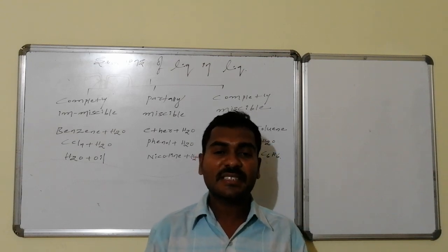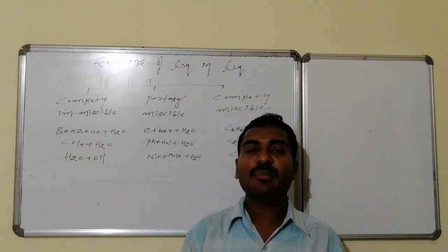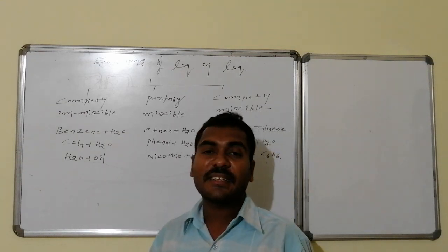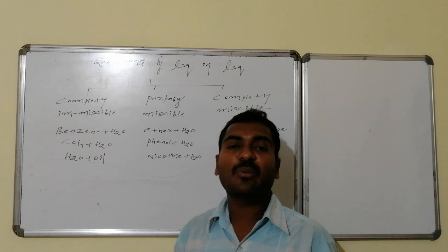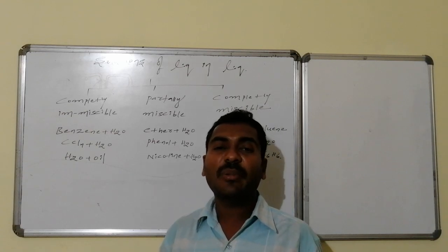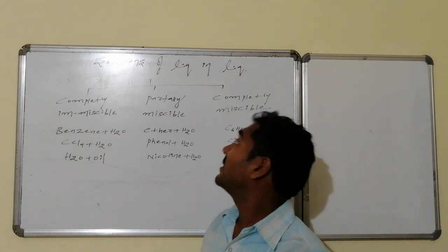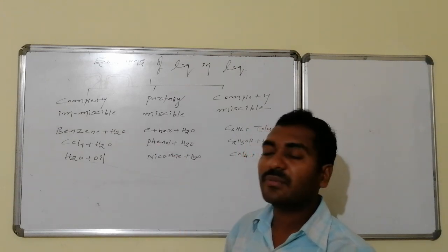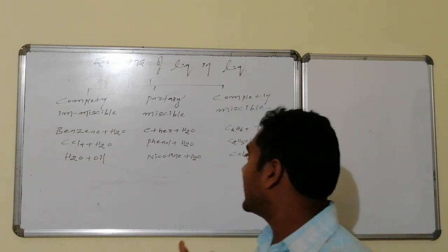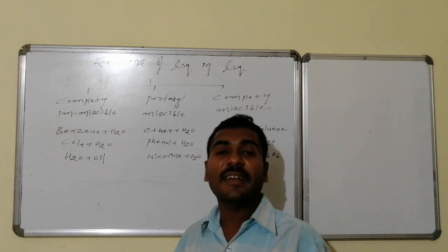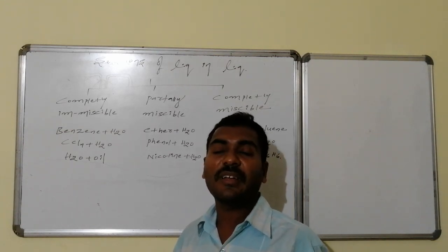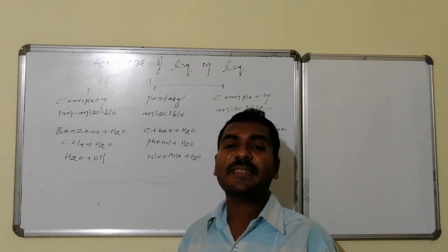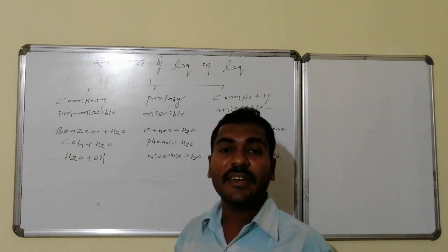If the attraction strength is strong, they are completely miscible with one another. If the attraction strength is very weak, then they are completely immiscible. Whereas if they have intermediate strength, then partial miscibility will be there, and the examples are ether plus water, phenol plus water, as well as nicotine and water, general examples for each particular category of liquid in liquid on behalf of their corresponding miscibility in one another.